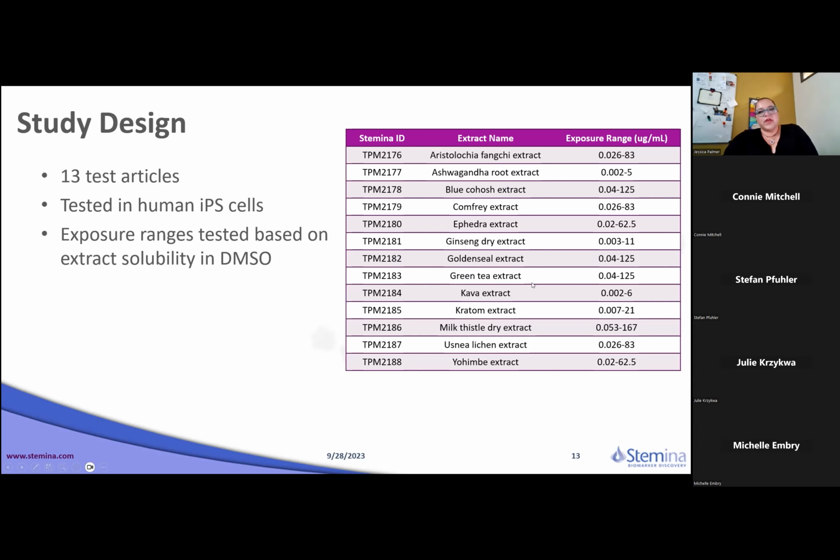When you go above that, you start seeing effects on cell metabolism just because of the DMSO, so you want to stay away from that. And so there were a couple of extracts that we weren't able to test at very high concentrations, with a maximum of 5 micrograms per mL for the ashwagandha root and 6 micrograms per mL for the kava extract.